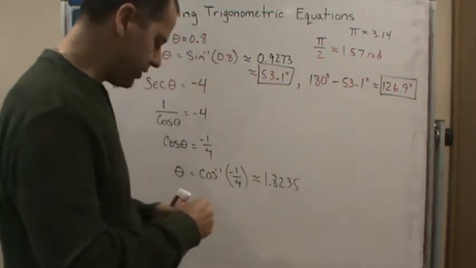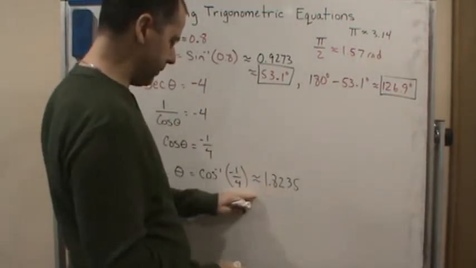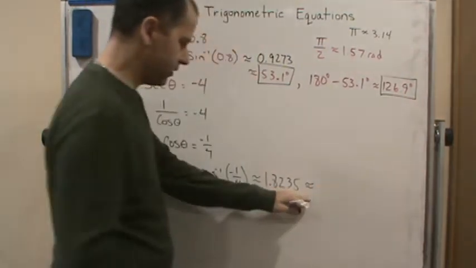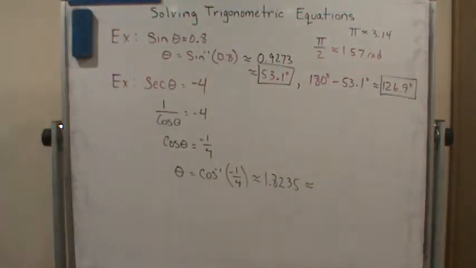So now if I change this to degrees, again, this is in radian mode, right? So this is radians. So if I change this to degrees in the calculator, then I'm going to get, oh, wait a minute.